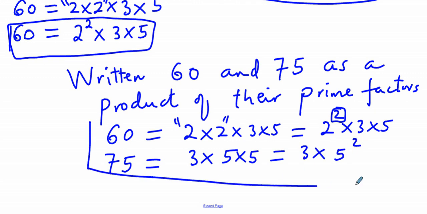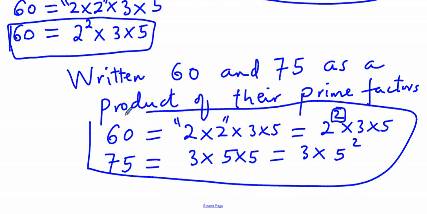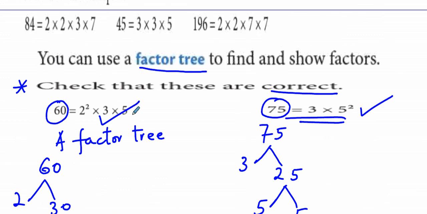So this is answering the question, which usually comes in the exam, that write the given numbers as a product of its prime factors. And this marks the end of this page.